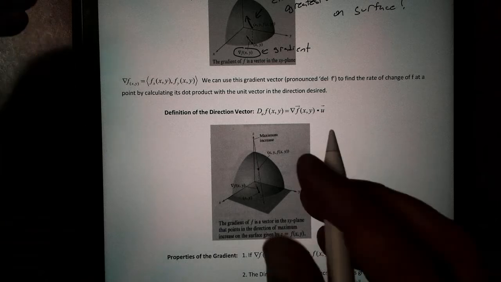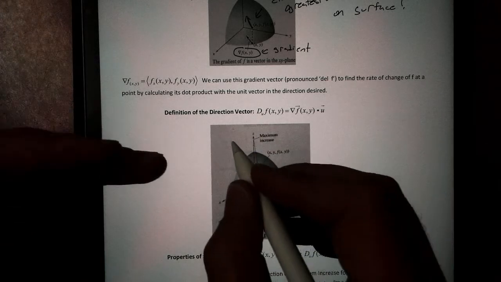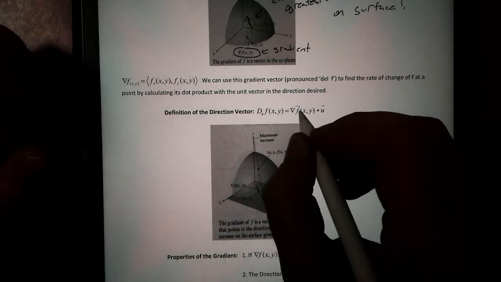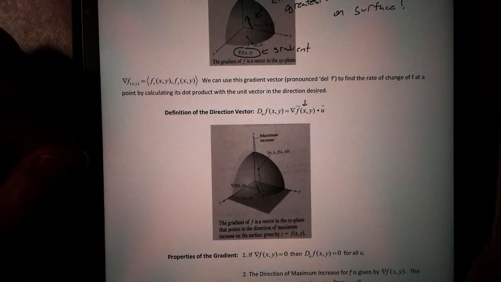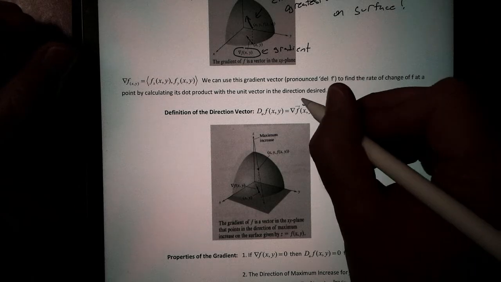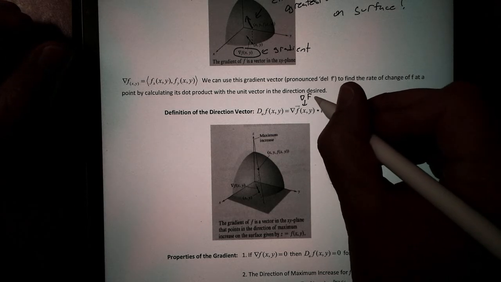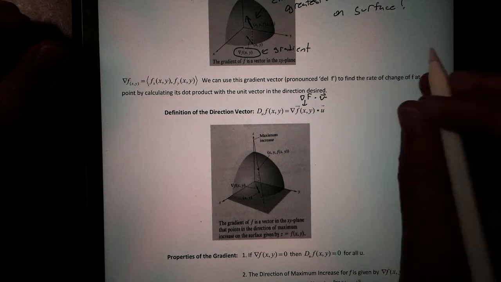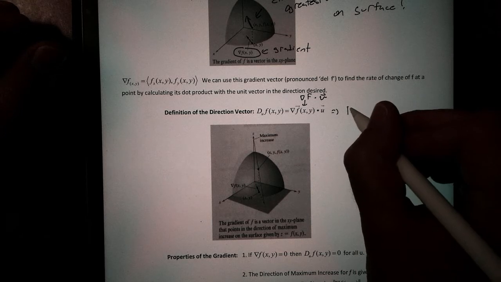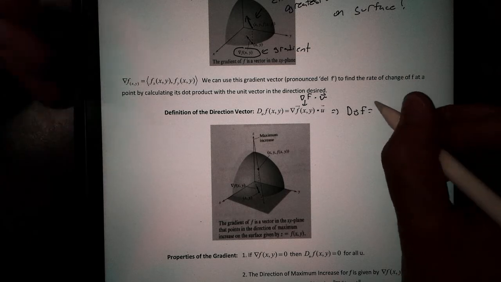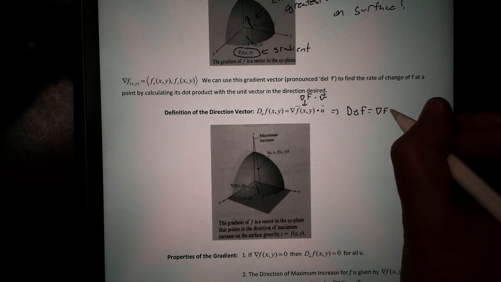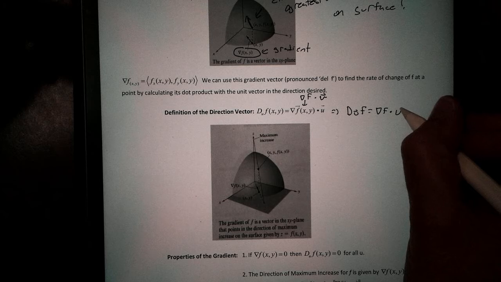So the definition of our directional derivative, and we talked about this in our last unit, all it says right here is we are taking our del operator, dotting that with u. In other words, to get our directional derivative, we would just take del f and dot that with u.